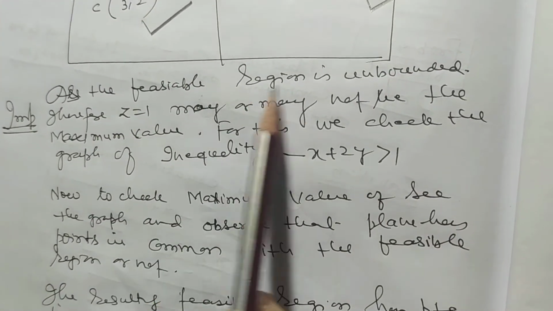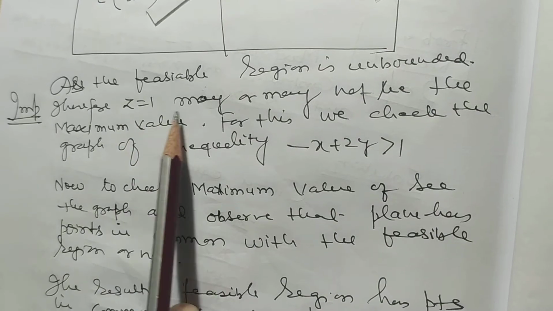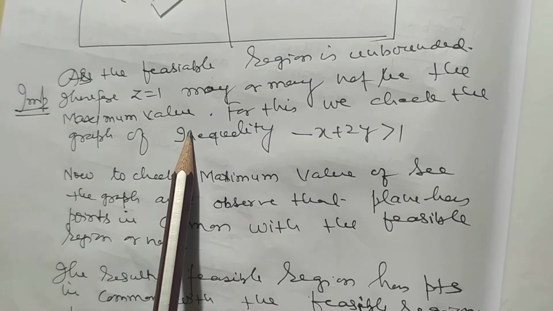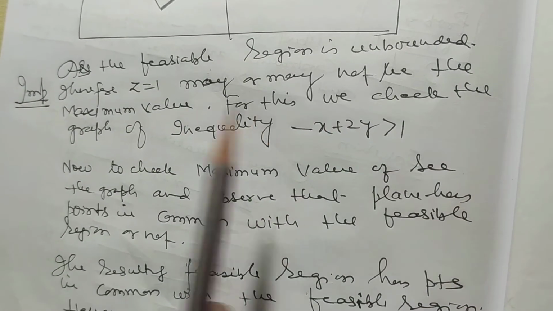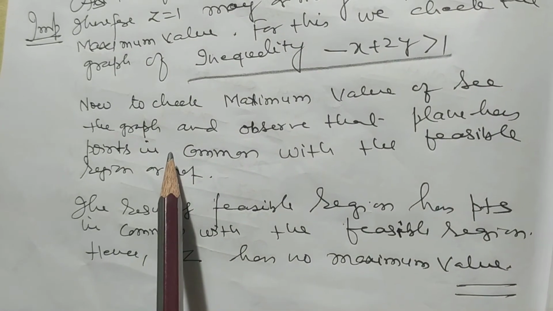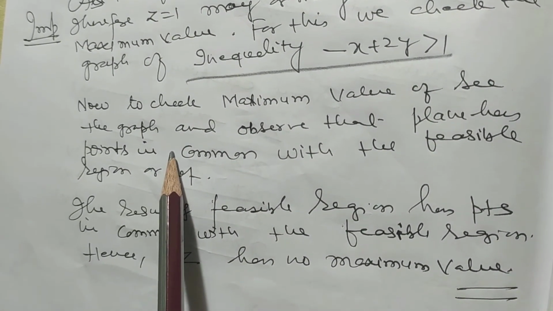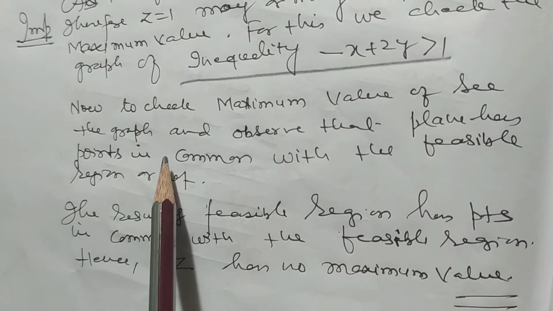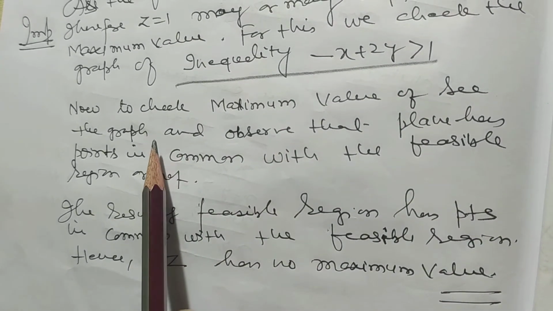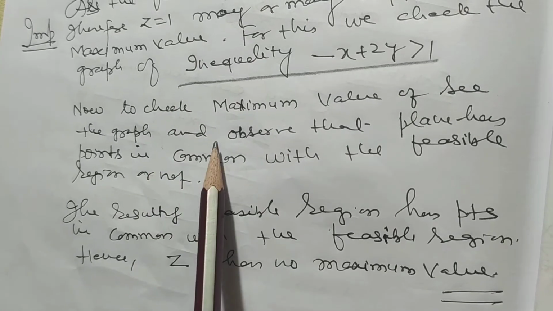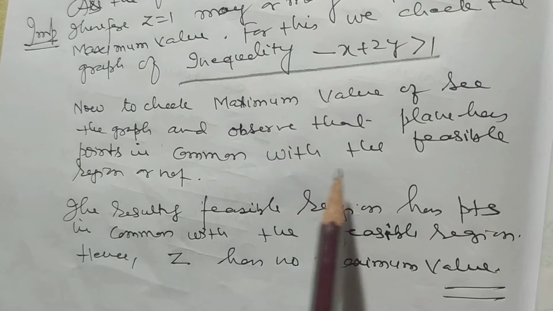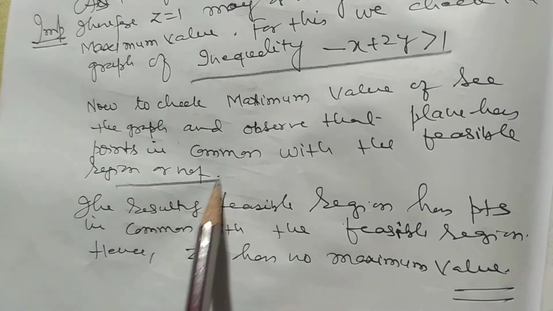As the feasible region is unbounded, therefore z is equal to 1 may or may not be the maximum value. For this we check the graph of the inequality minus x plus 2y greater than 1. Now to check the maximum value, we see the graph and observe whether the half plane has points in common with the feasible region or not.